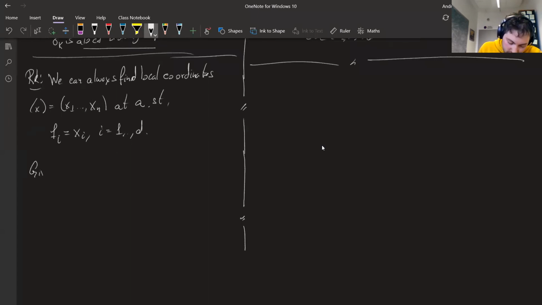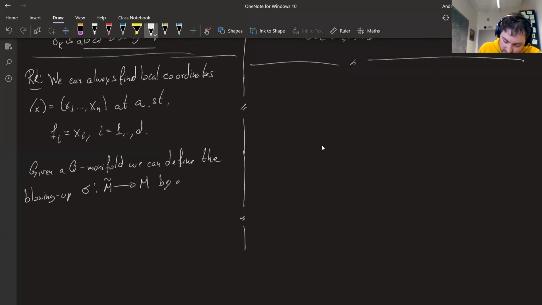And then given a general manifold, we can define the blowing up sigma, M tilde to M, by a center C. A center means a submanifold of M, essentially by patching.